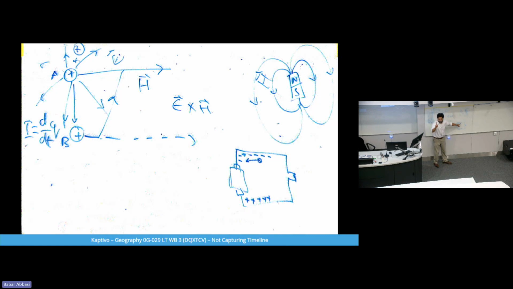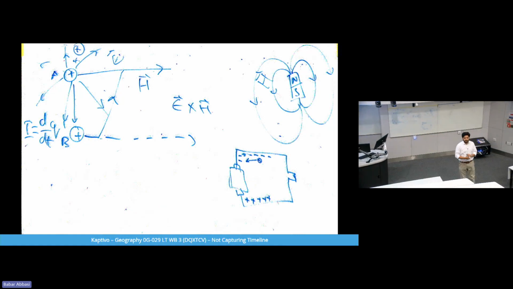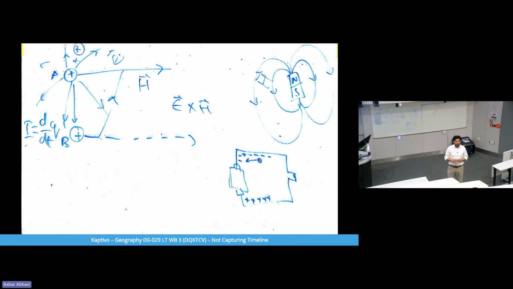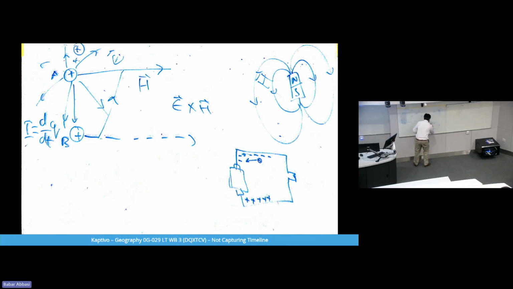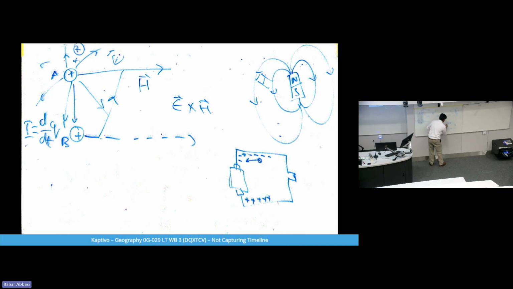This will only happen once if this battery is connected, because a battery is DC, right? What if I want to do the same thing at a given frequency? What do I need to do? Connect to AC. Okay, let's remove this connection from here and connect it to AC.